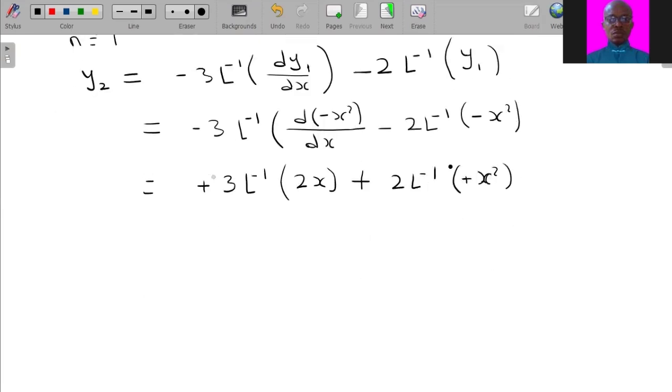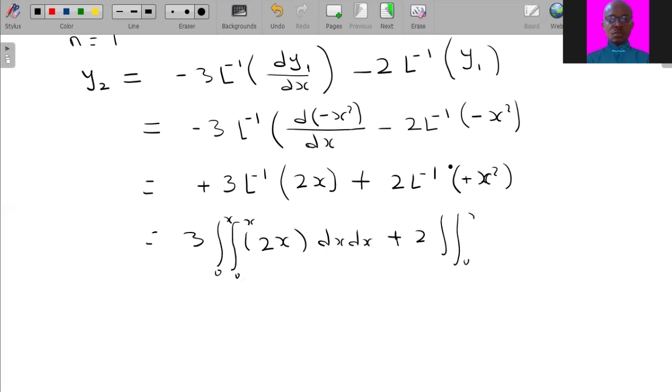Now bringing in our operator, we have 3 is a twofold integral operator of 2x dx plus 2 of x squared dx.